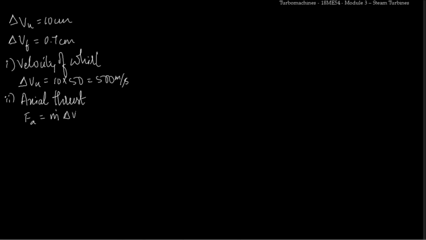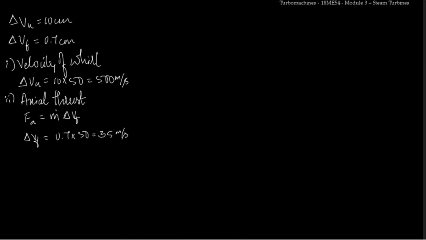So here we are dealing with an axial flow turbine, so the change in the flow velocity will be the axial component of the absolute velocity, which will give us the axial thrust. So delta VF will be equal to 0.7, the distance which we measured, into 50, so we get it as 35 meter per second.